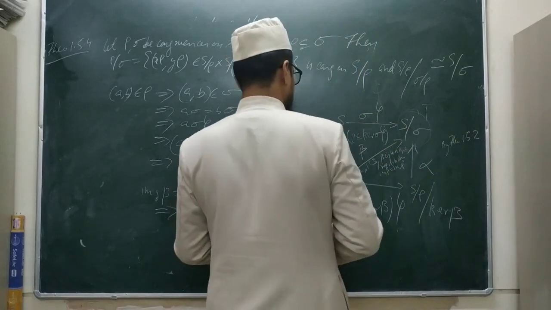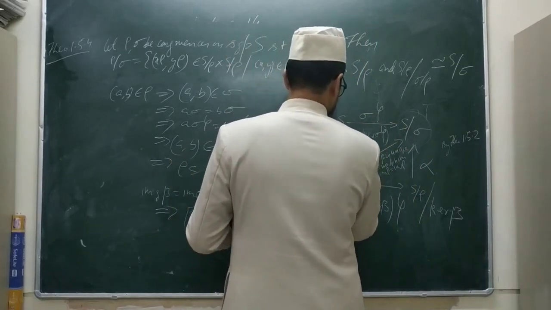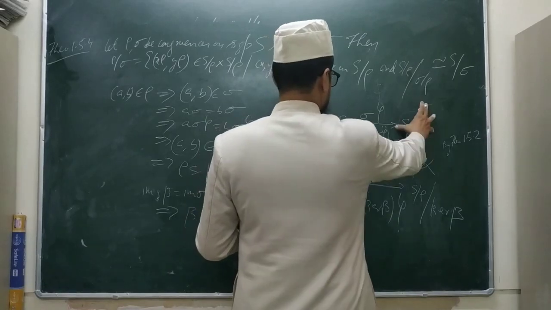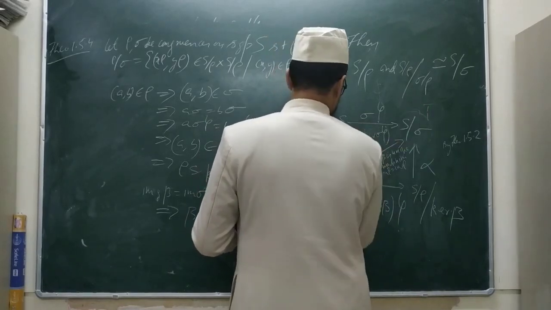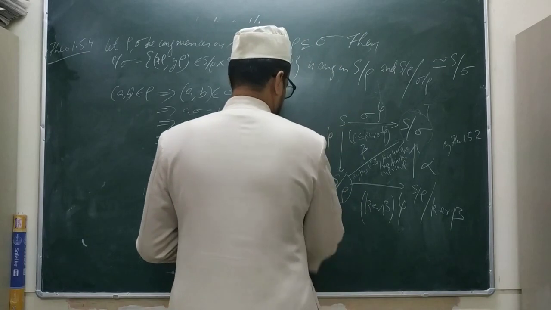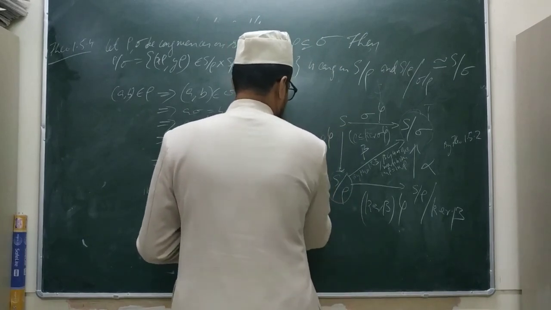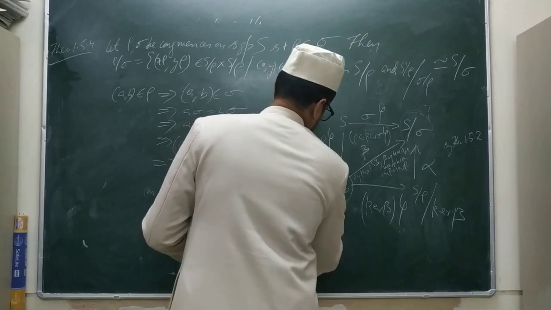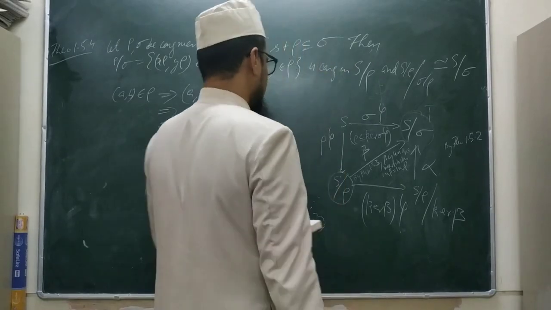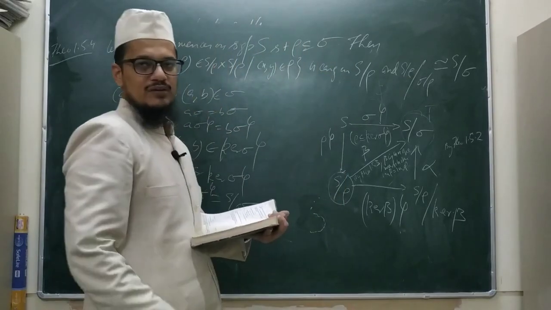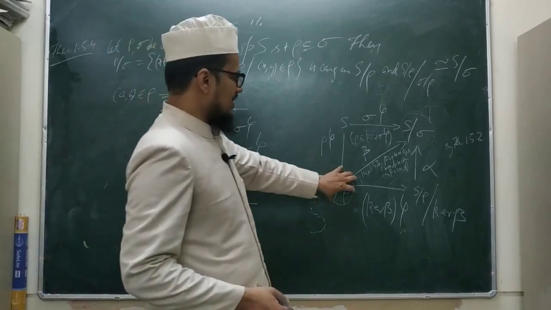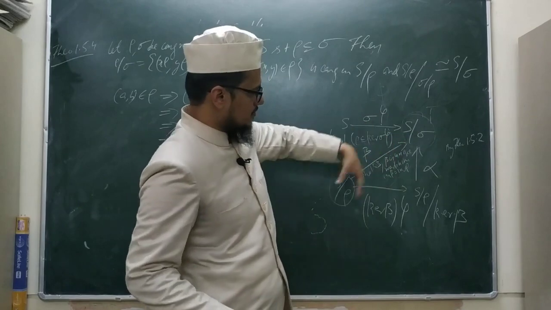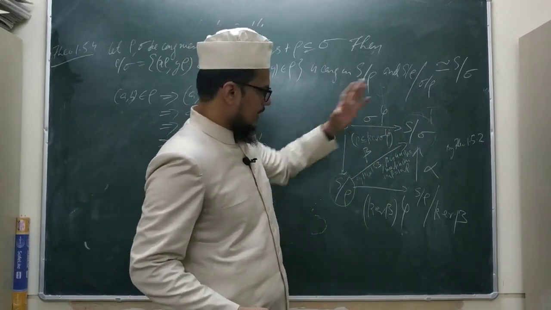Now assume this as S and you say this is T, correct? For example, if this is S, I am just writing a dot so that all of you don't get confused. If you assume this is S and this is T, so you have this as a morphism, correct? This is a morphism, correct?